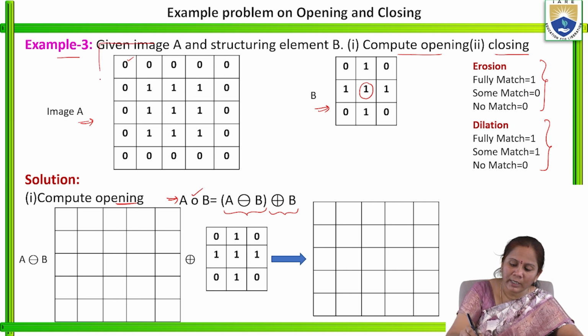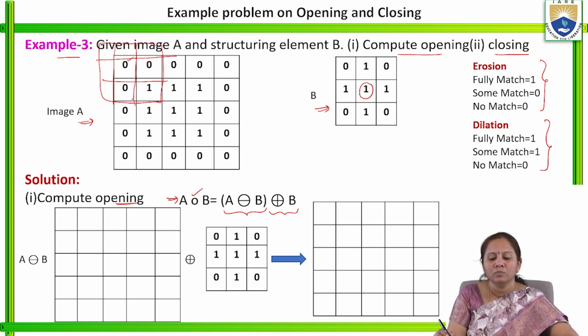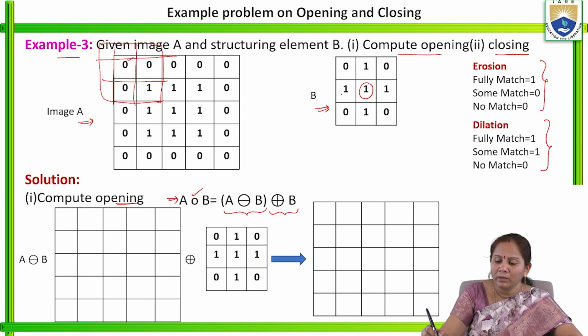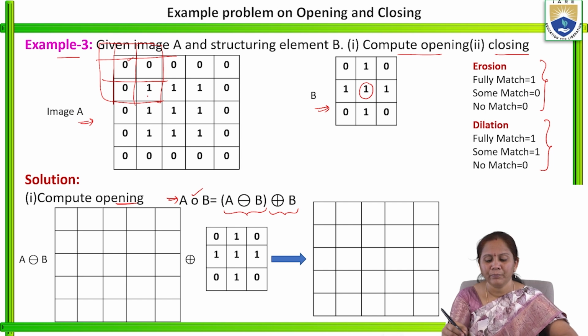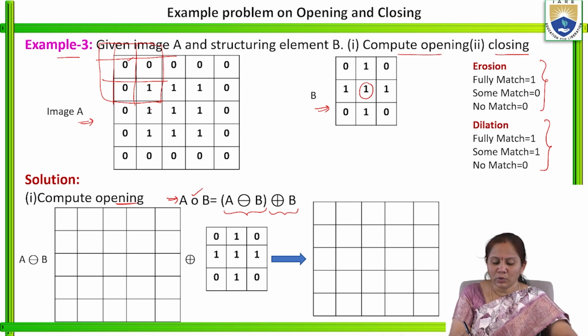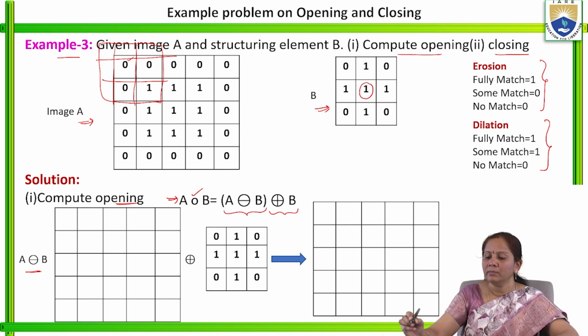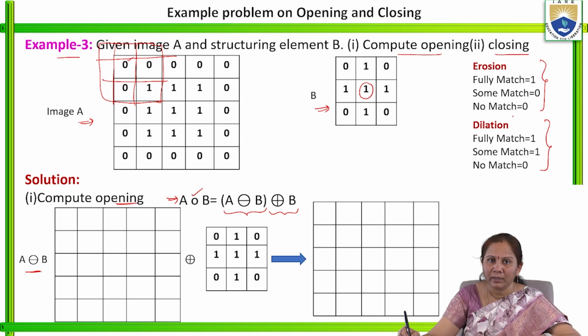So the structuring element mask will be placed like this. Okay. So 1, 1, 1, 1, 1. If we consider here, some elements are missing. And so here first we have to perform A erosion B. If there is some match also, in case of erosion it will be 0.